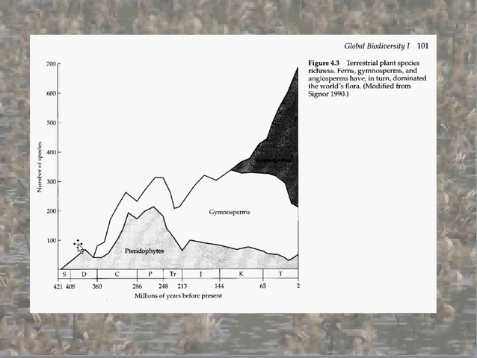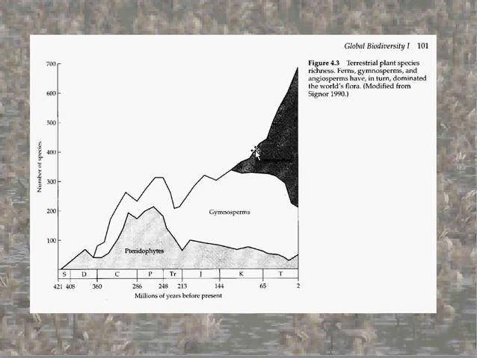And this increase has been punctuated by a few mass extinction events where plants showed a massive extinction over the course of several million years before recovering. And by the same token, there have been periods when plants have massively increased in their numbers of species during the fossil record.